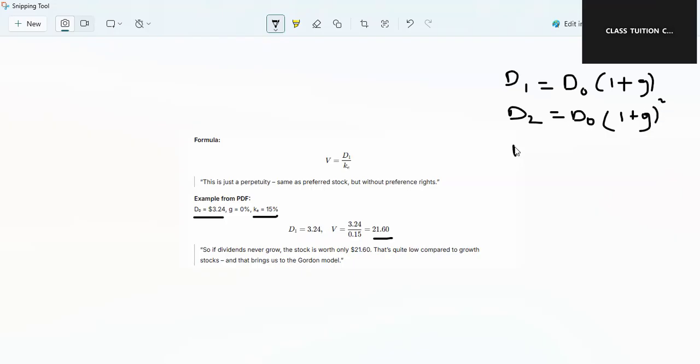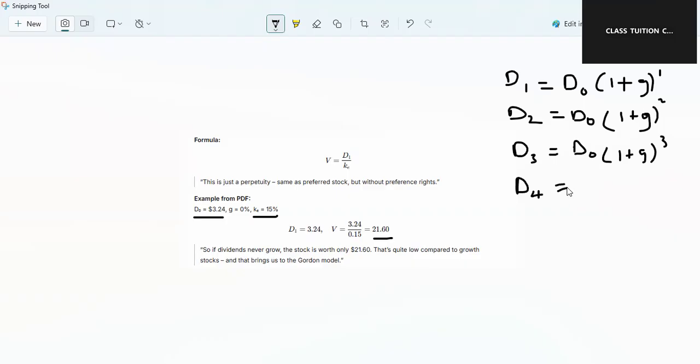Okay, how about D3 based on D0? Can somebody try? This will be D0 (1 plus growth) to the power 3. Sometimes the growth rate may be the same in the first 3 years, and maybe it changes in the fourth year. So D4, you cannot start from D0, because now you're continuing from the previous year.